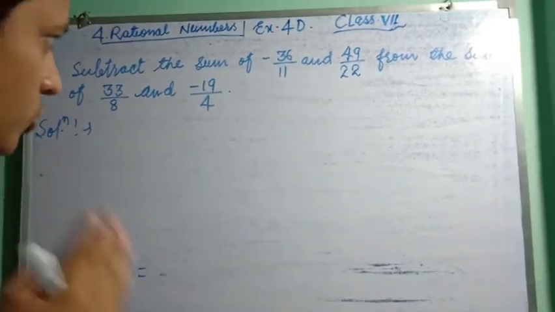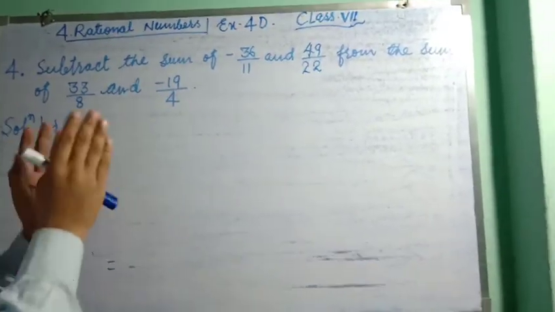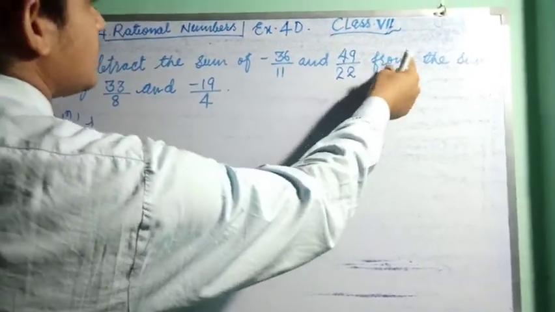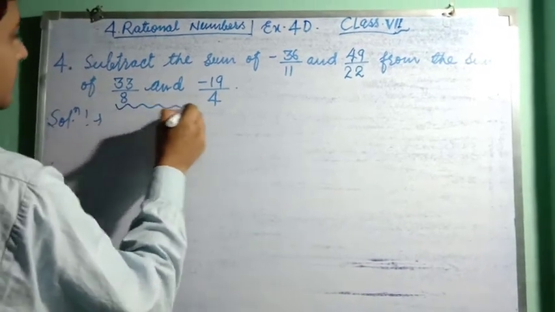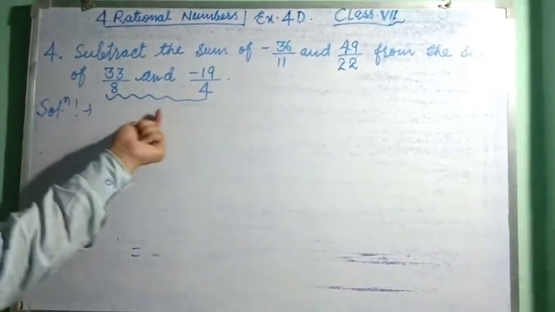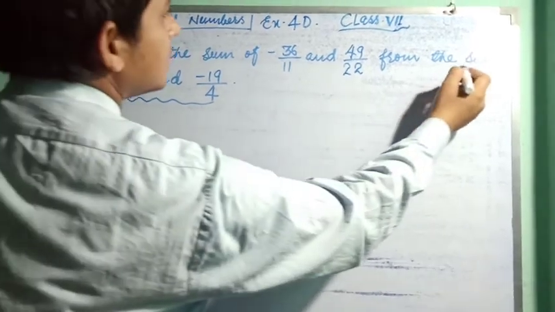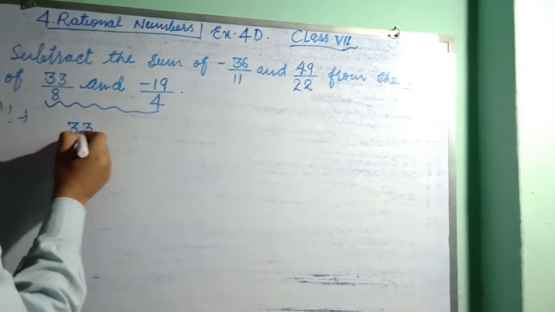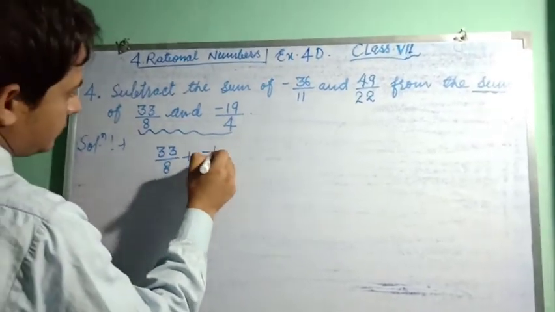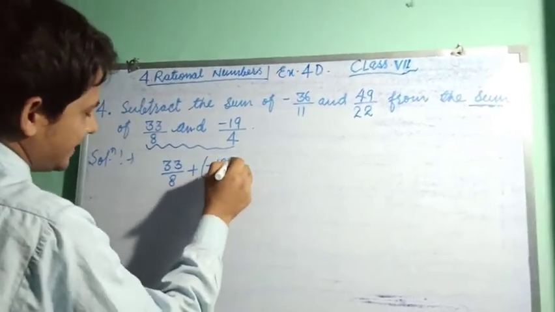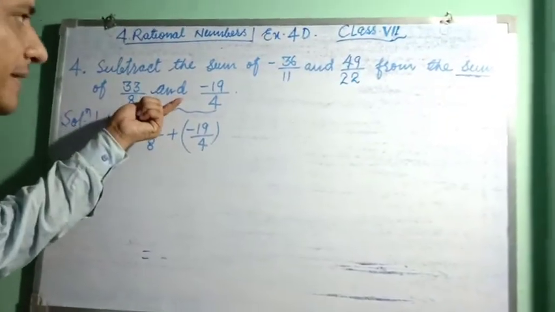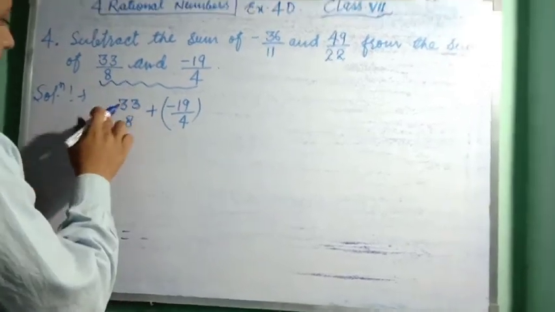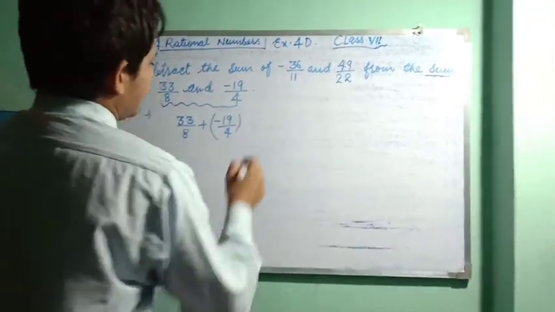I have already told you that we bring the term after 'from' first. So the terms after 'from' are brought first, and this is the sum of these two numbers. Now subtract. Here is the subtraction sign.